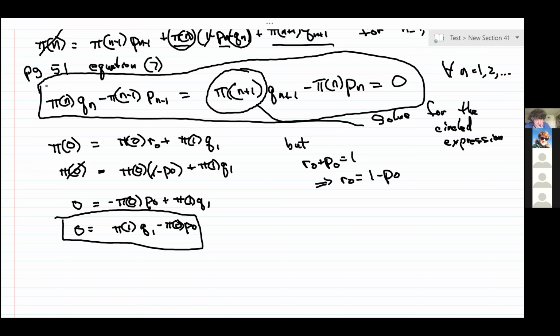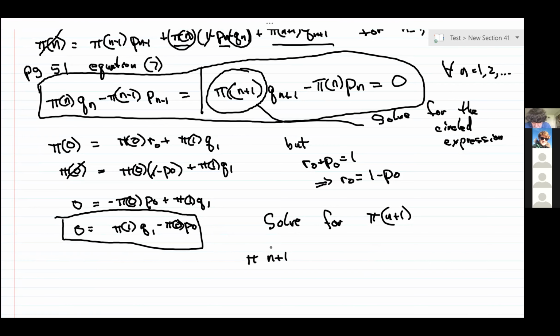So what does that mean? That means, let's just look at the right-hand side of this equation. We could solve for pi n plus 1. So what that tells us is that pi n plus 1, swing this thing to the right.